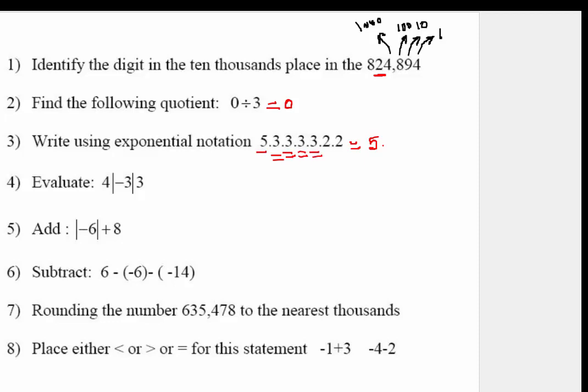So I can write this as 3 to the power of 4. So 3 to the power of 4 means we have 4 3's. That's all it means. And then we have 2 2's here, obviously. We have 1 2 here, 1 2 here. So it would be 2 to the power of 2.